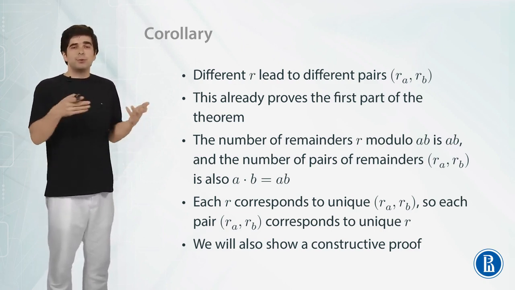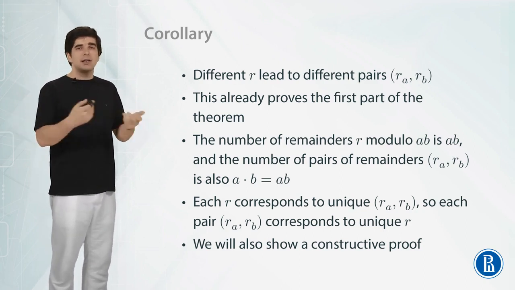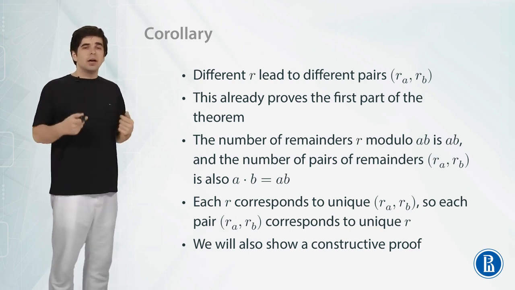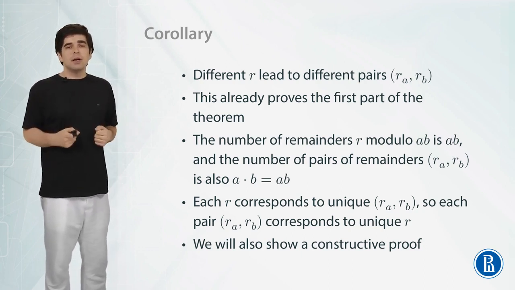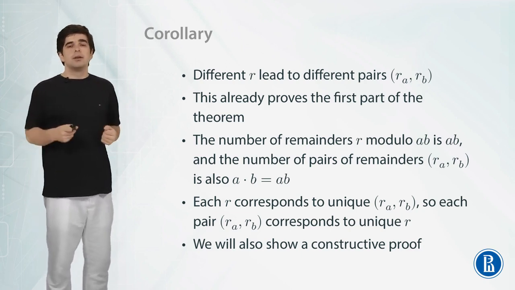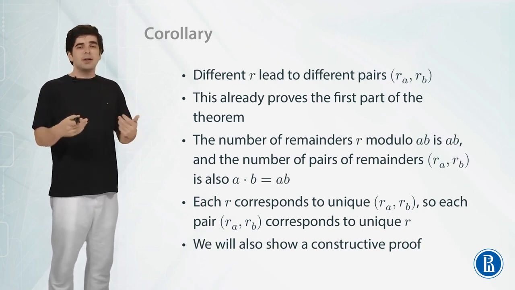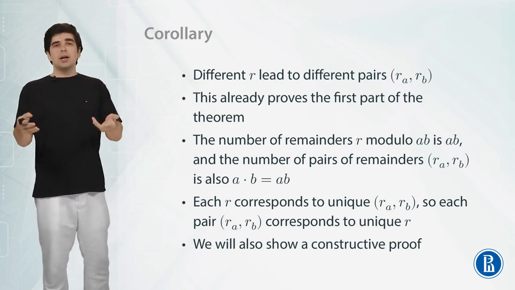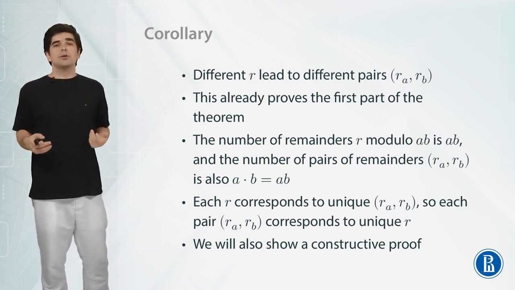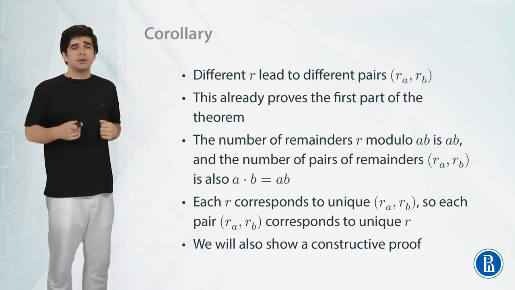So if two numbers between 0 and ab minus 1 have the same pair of remainders modulo a and b, they have to coincide. So each R between 0 and ab minus 1 corresponds to a unique pair. And the number of pairs is equal to the number of remainders. So each pair also corresponds to a unique R. For each pair there has to be some remainder R that corresponds to it. Otherwise the quantities don't come out equal.